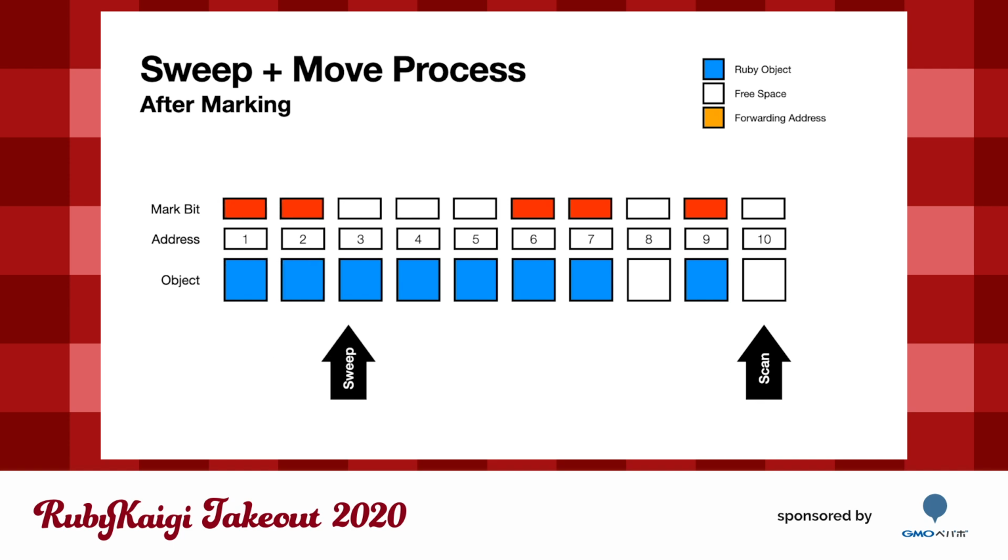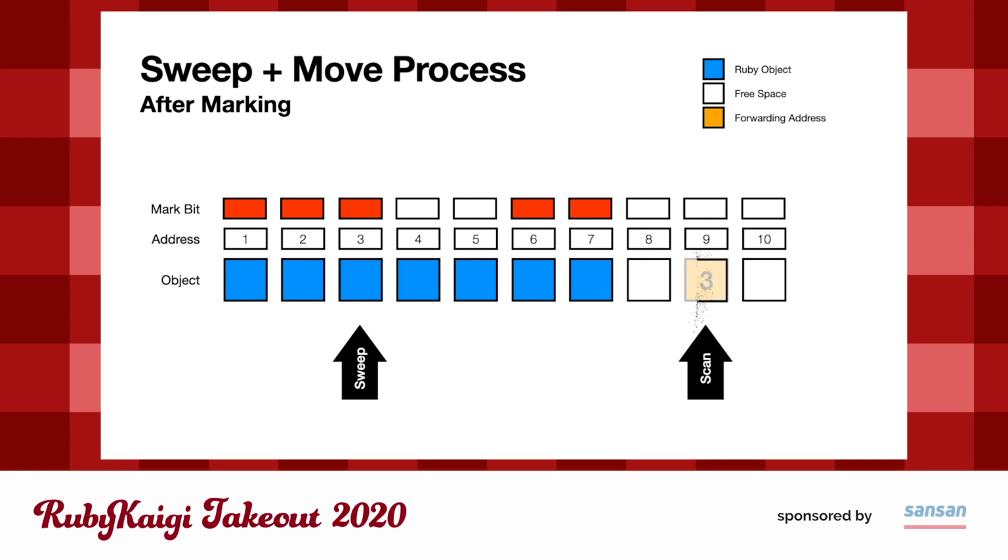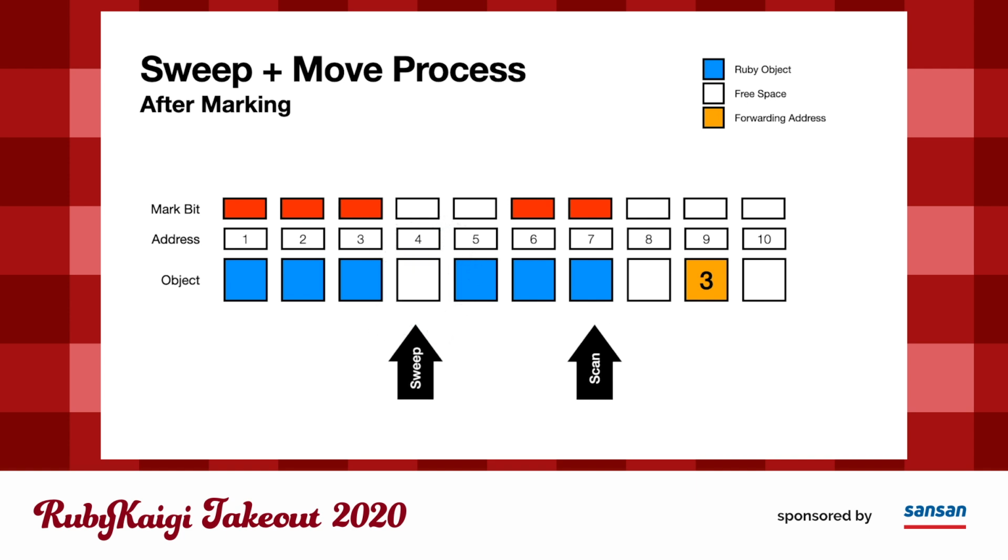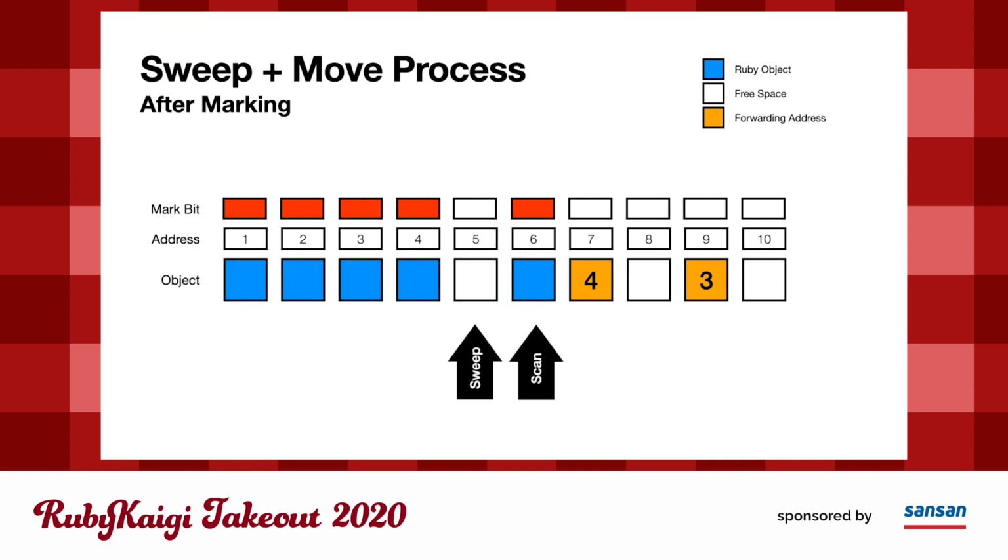The sweep step remains the same, but after an object is freed, the scan pointer searches for an object, then it moves the object and leaves a forwarding address. We repeat this process until the sweep pointer and scan pointer meet.